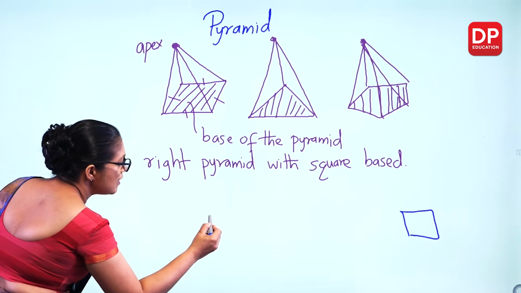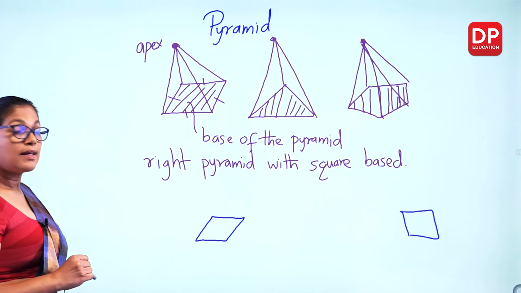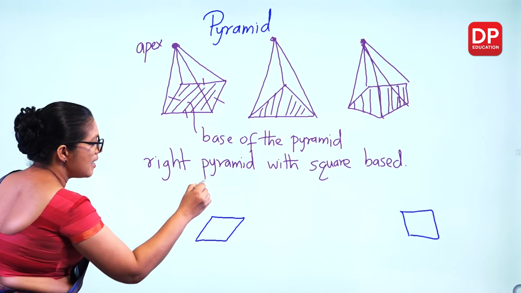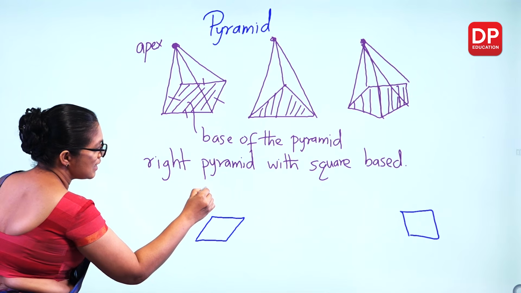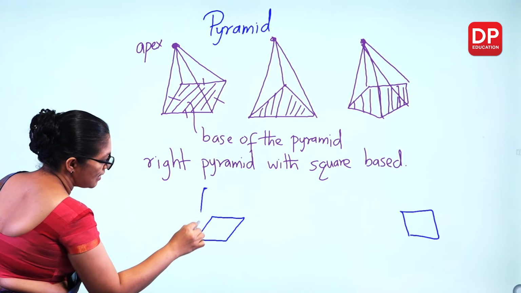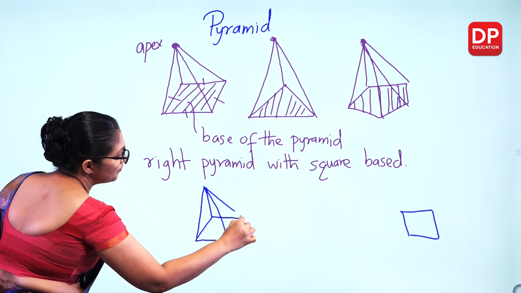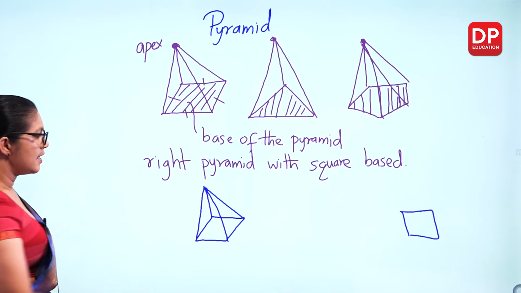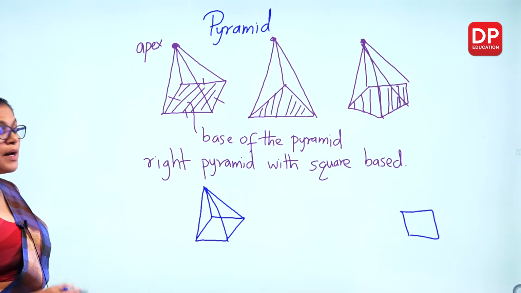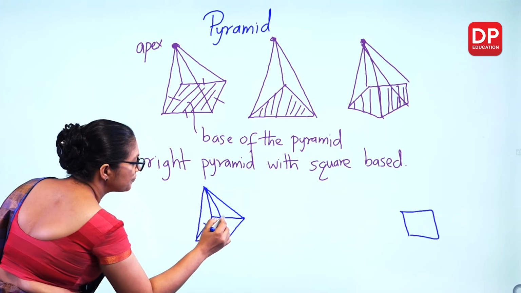So we'll draw a square like this, slanted, and then take any point above and connect it with all these corners. Here you get the pyramid like that. So here all sides are equal.